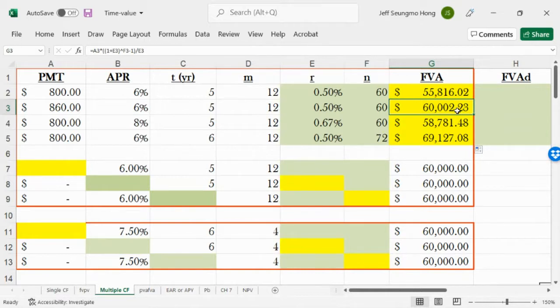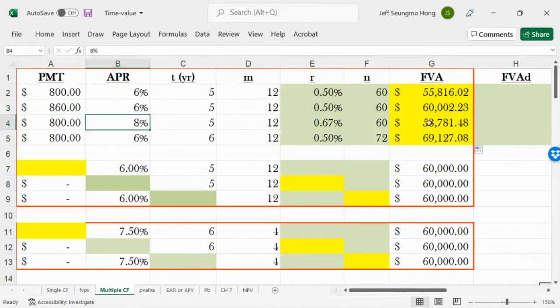From this you can tell the exact monthly payment should be something not far away from this. It would be smaller than 860, but it won't be that much different. It would probably be 859 something.